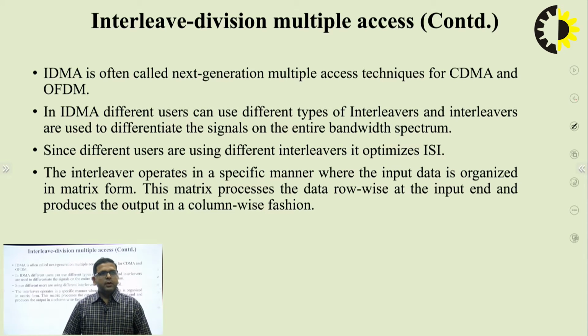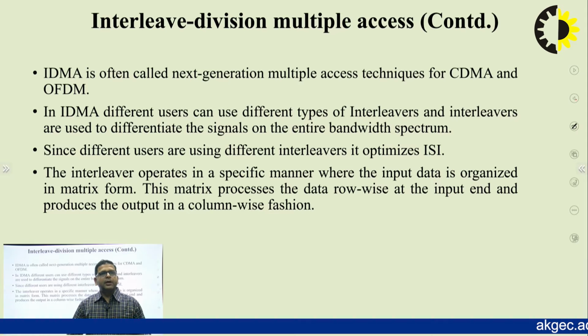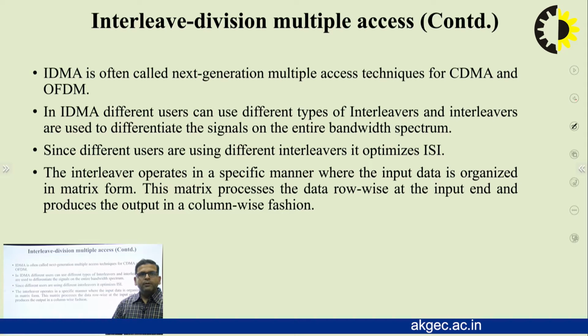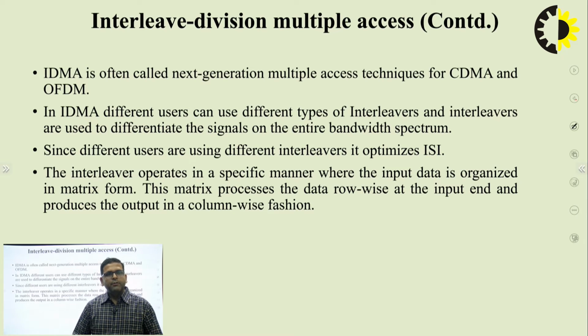In the interleave division multiple access technique, different users can use different types of interleavers, and interleavers are used to differentiate the signals on the entire bandwidth spectrum. Each user uses a different type of interleaver, and using these interleavers, they make their information different from each other.